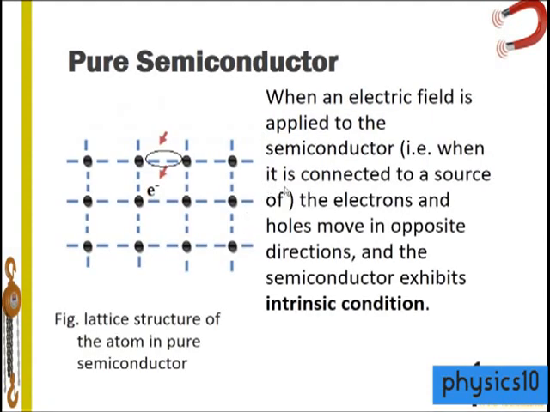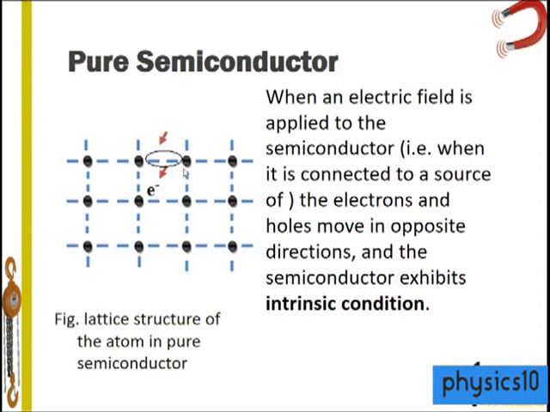Now we can visualize this as follows. When an electric field is applied to a semiconductor, in other words, when it's connected up to a battery or a power source, then the electrons and the holes tend to move in opposite directions. And as a result of this, the semiconductor demonstrates what's known as intrinsic condition.